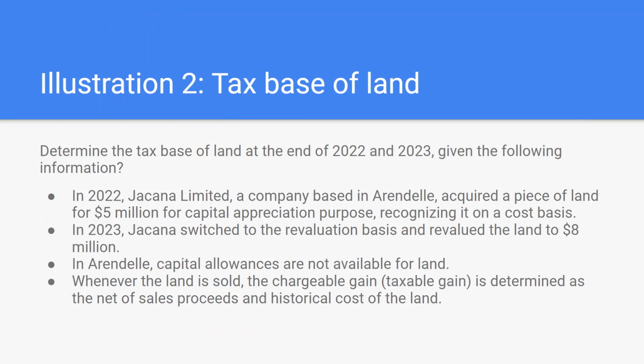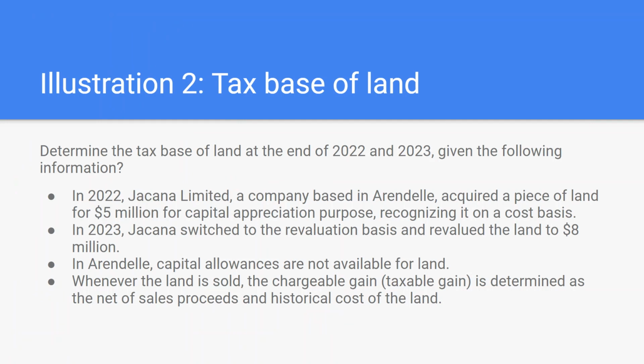Illustration 2 talks about the tax base of an asset. It says, determine the tax base of land at the end of 2022 and 2023, given the following information. So in 2022, Jacana Limited, a company based in Arendelle, acquired a piece of land for $5 million for capital appreciation purpose, recognizing it on a cost basis.